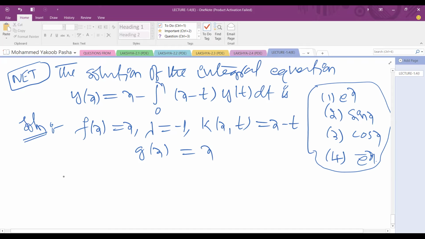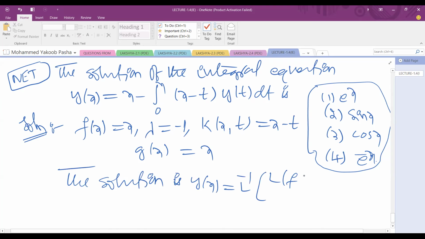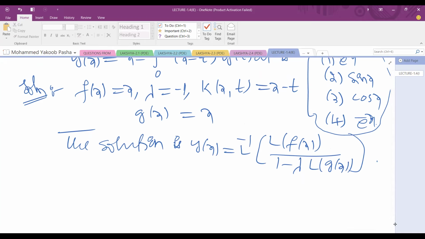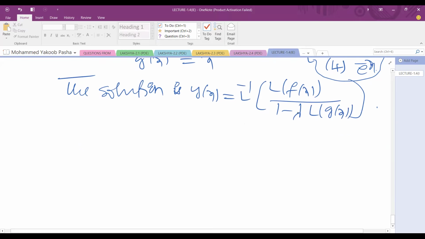So write the solution. The solution is y of x is equal to L inverse of L of f of x divided by 1 minus lambda into L of g of x. Don't read it as L of; this is Laplacian of f of x by 1 minus lambda into Laplacian of g of x, inverse Laplacian.